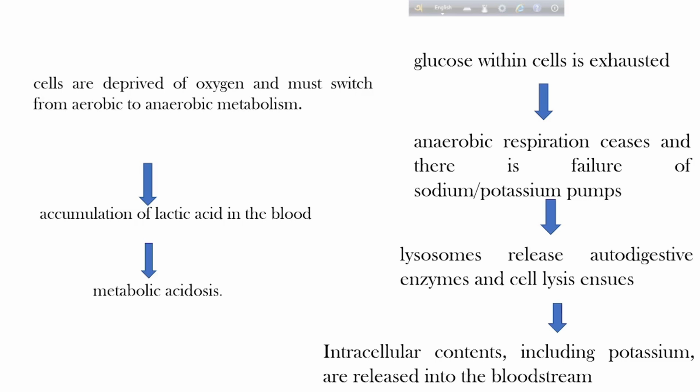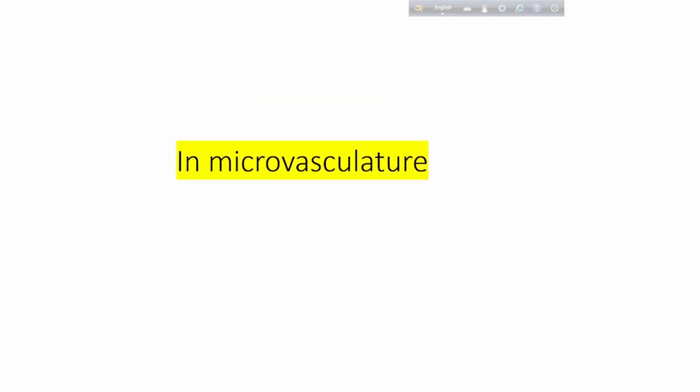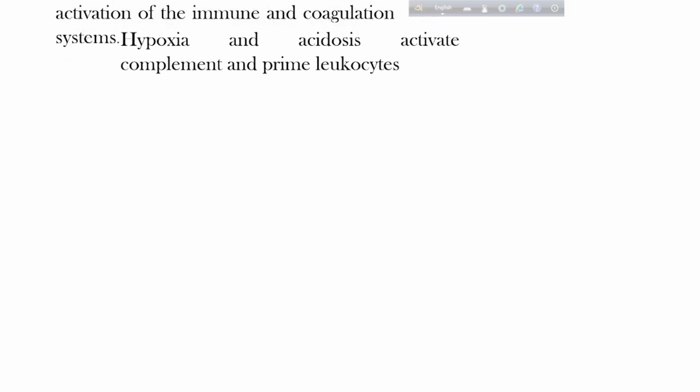Then what happens in the microvasculature during shock? First of all, activation of immune and coagulation systems. Then hypoxia and acidosis activate complement and prime leukocytes. Then generation of oxygen free radicals and cytokine release and injury.